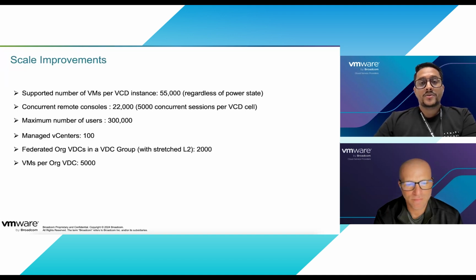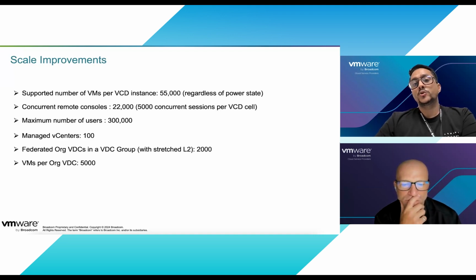From an org VDC group perspective, we can now create 200 VDC groups. We can have 2,000 stretched VDC groups within an org VDC. Previously, this was limited to 16, but now we have increased it to 2,000. And then, of course, we can have 5,000 org VDCs.